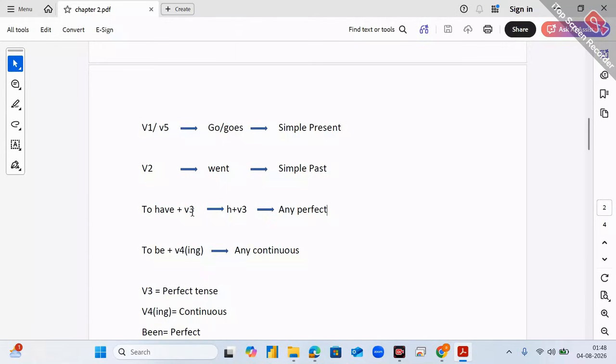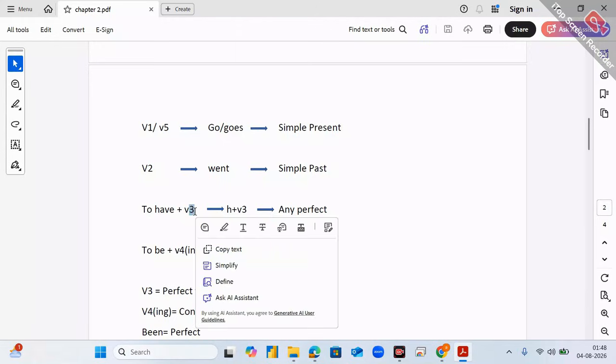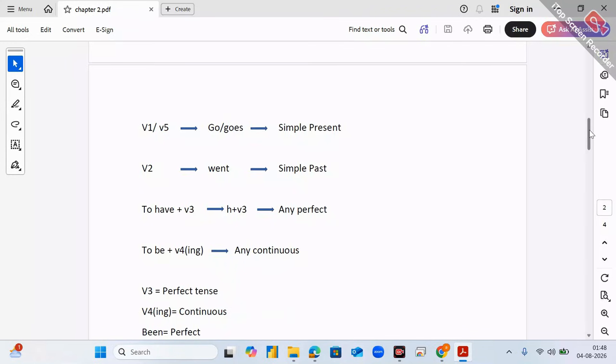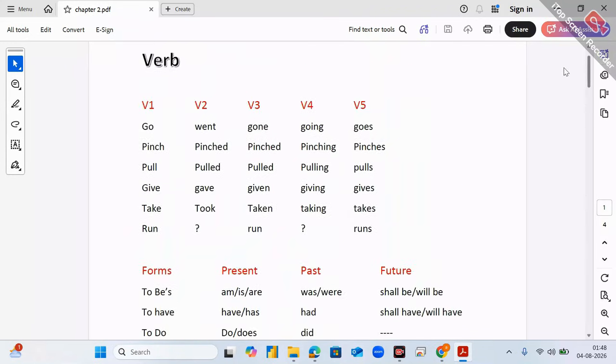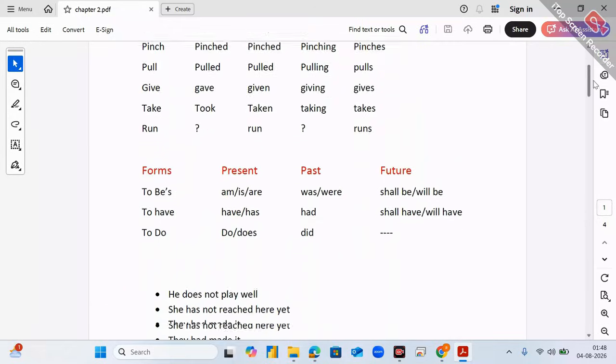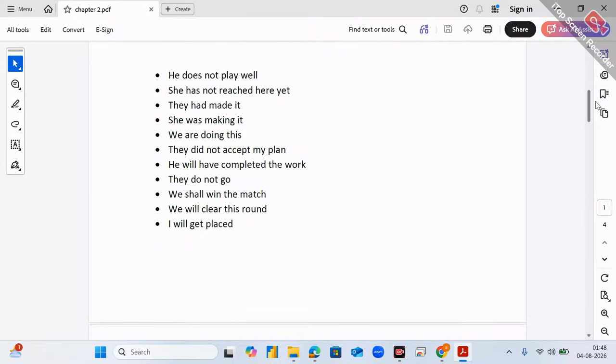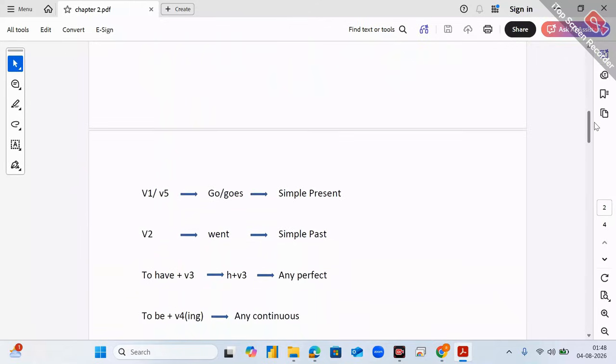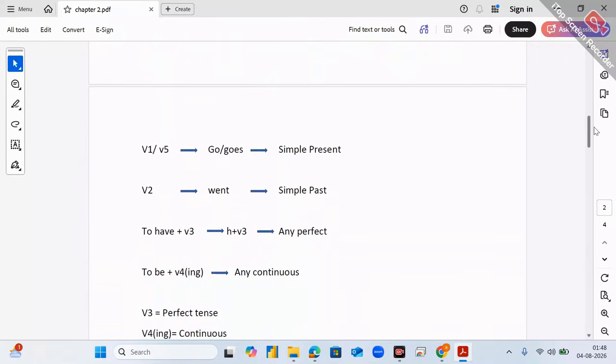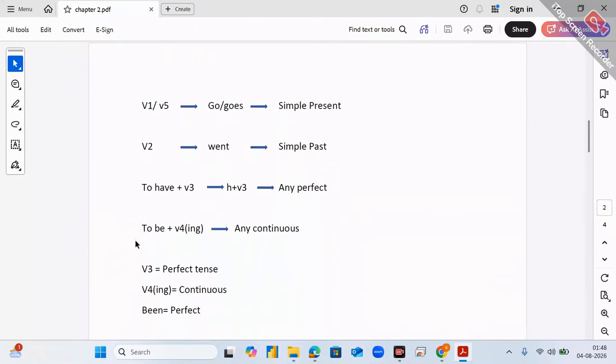Likewise, to have plus V3 should be there. V3 means, what is V3 for go? V3 is gone. Likewise you need to solve and check, everything is written over here in the same document. Next, to be plus V4. V4 means ing, right? So to be plus ing, any continuous.